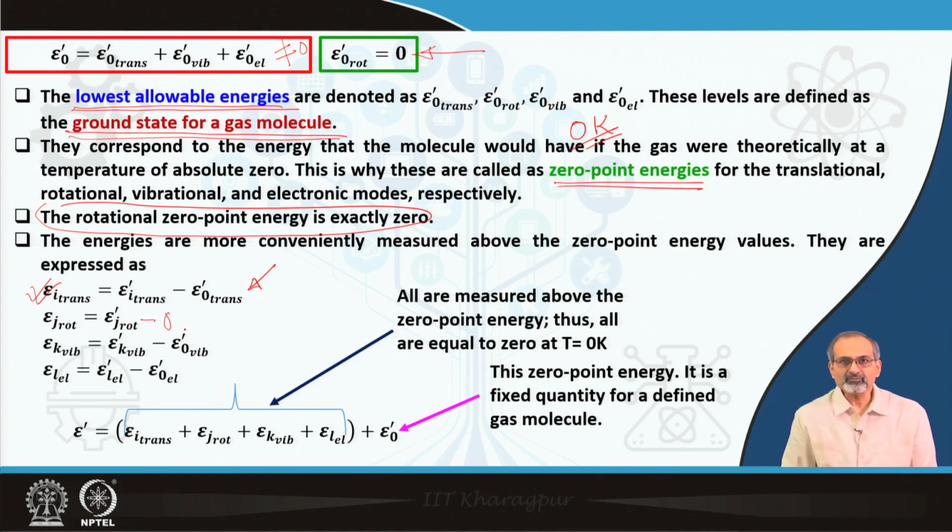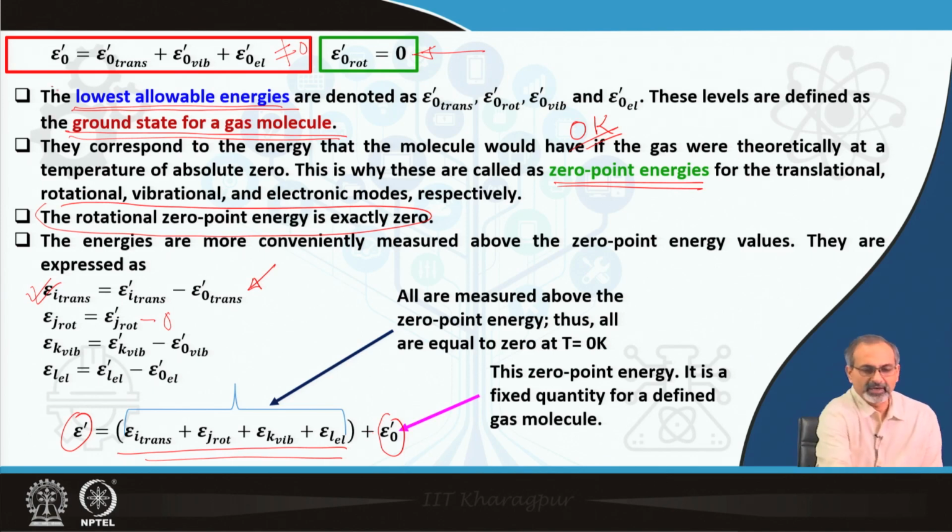value there. Now, if you were to express the epsilon dash for the molecule in general, it would comprise the epsilon values without dash plus the complete expression for the epsilon 0 dash, which we have over here.